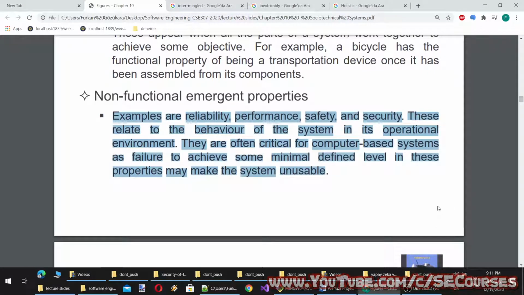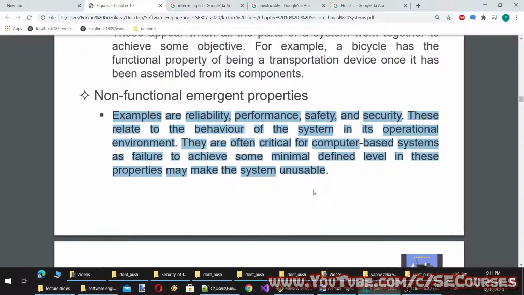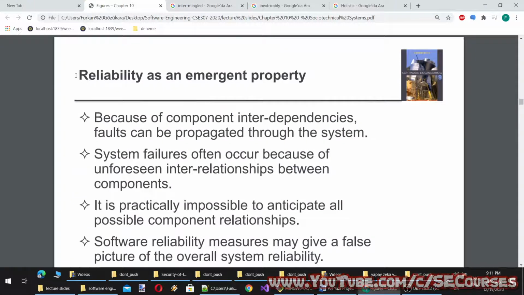Examples are reliability, performance, safety, and security. These relate to the behavior of the system in its operational environment. They are often critical for computer-based systems, as failure to achieve some minimal defined level in these properties may make the system unusable.